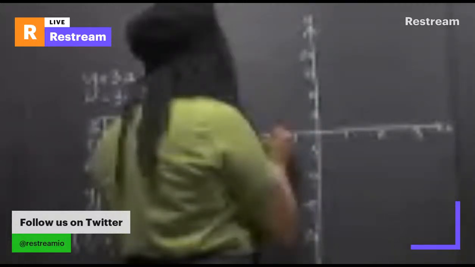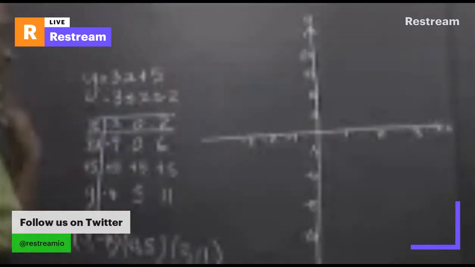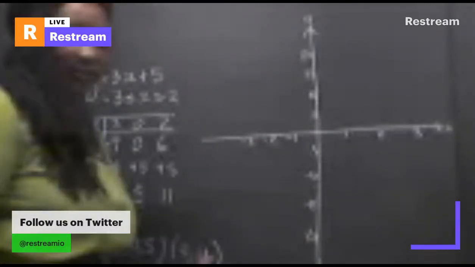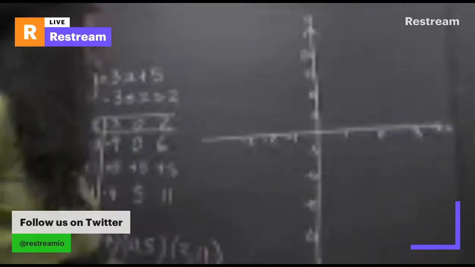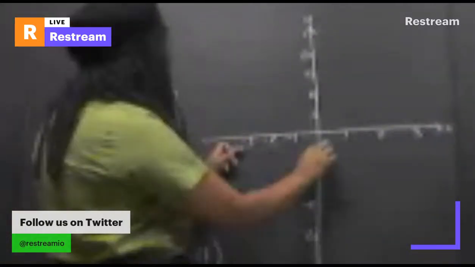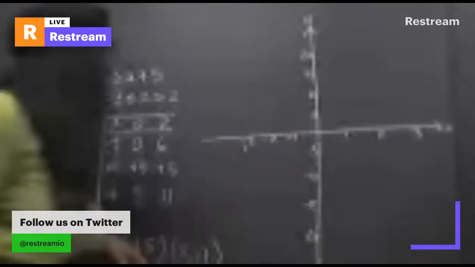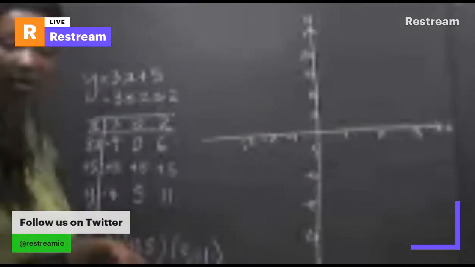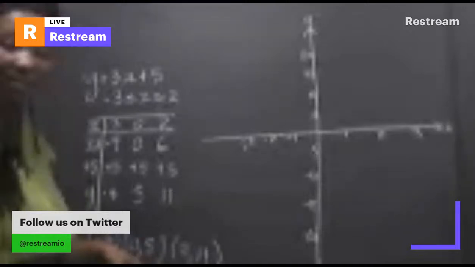So now we're going to plot our pairs. It's -3 to -4. So -3 on the x-axis and down to -4. So -4 is there. And 0 on the x-axis goes to +5 on the y.